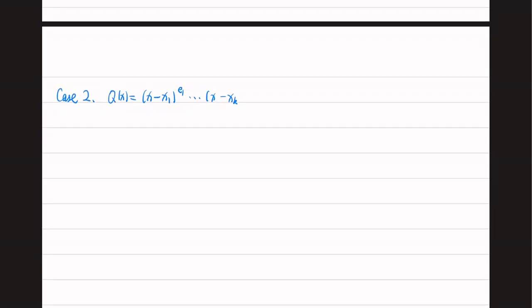Ah, yes, it's q of x. Okay, then each factor will give us a few extra terms. Let's see an example of how we set up the decomposition.